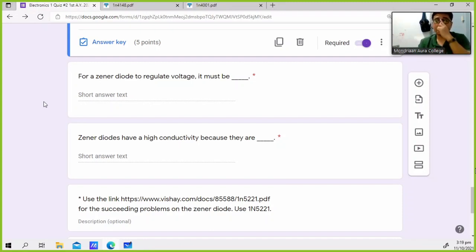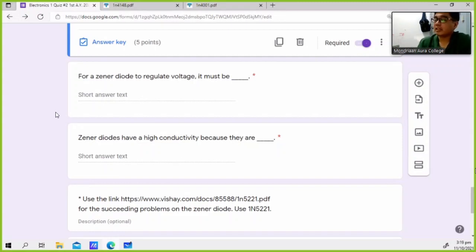But more likely, ginagamit natin siya doon sa mga mabababang voltahe kagaya ng 3.3, 4.7 para sa mga charger ng lithium-ion batteries, so on and so forth. So kailangan siya ay naka-reverse bias. Okay, for a Zener diode to regulate voltage, it must be reverse bias.